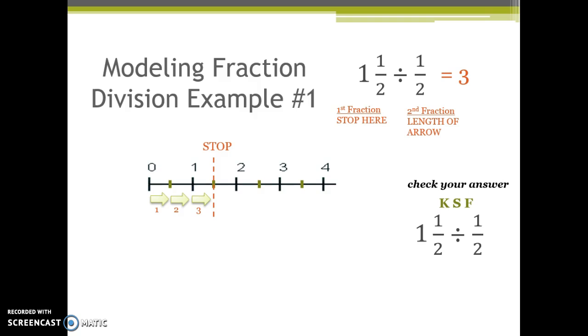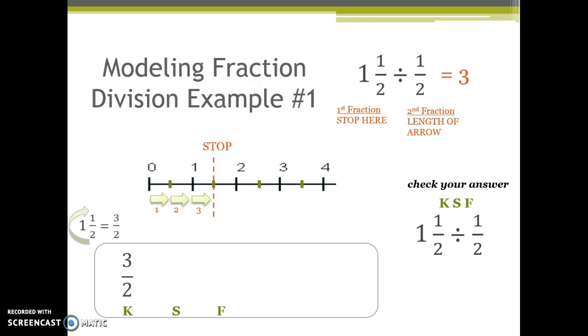So how you would check this, we're going to do it in class, is we're going to do keep, switch, flip again, because that's how we divide fractions. So as a reminder, I have to take that 1 1/2, this is on the left-hand side of your screen, and make it an improper fraction. So now I'm starting with 3 halves. That's the fraction I'm keeping. I'm switching it to multiplication, and then I'm flipping this second fraction into 2/1.